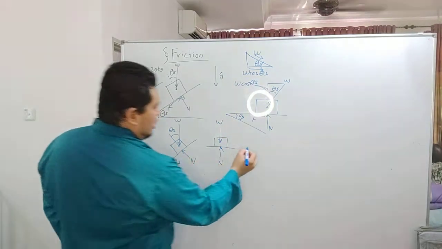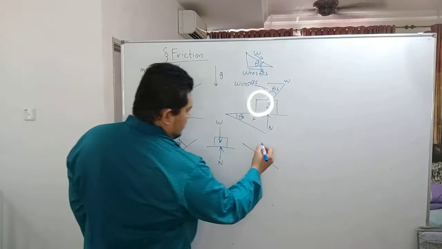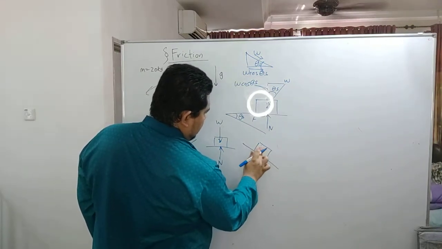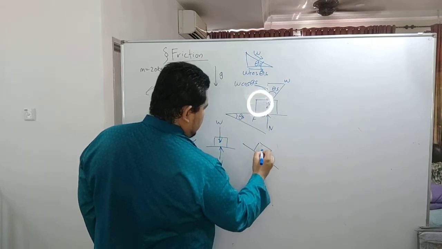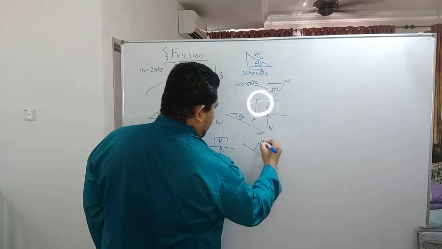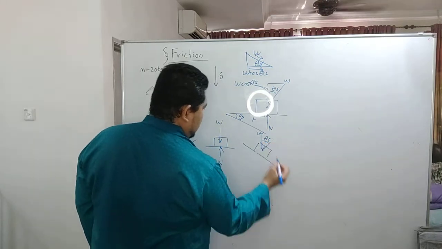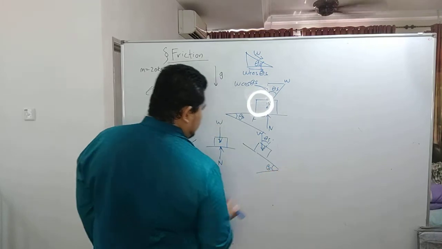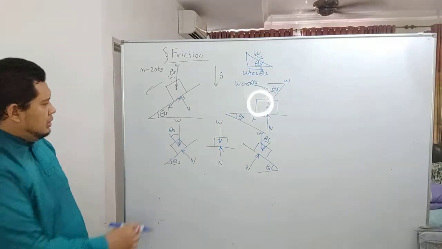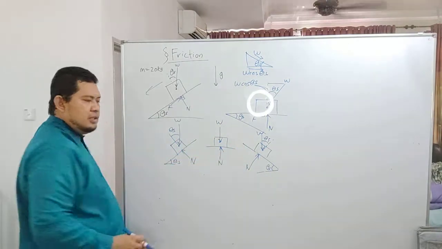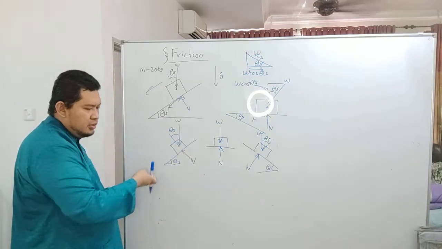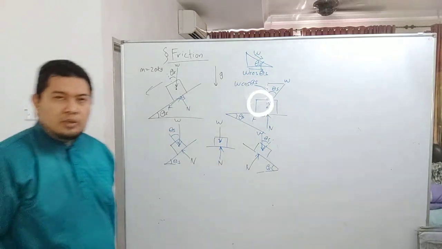Then you can have another inclined surface like this. Either on an inclined surface or a flat surface, you should have a normal force that is at 90 degrees to the contact surface.